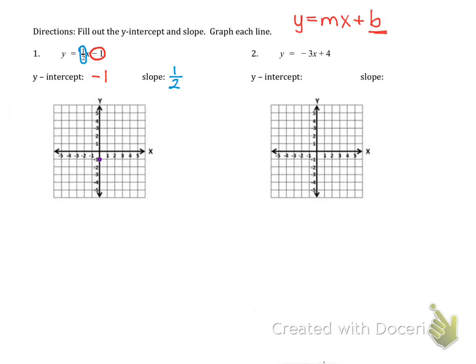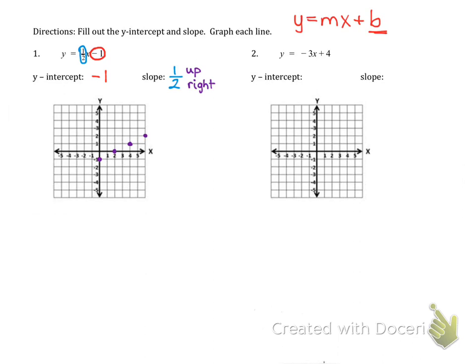That's where one of my points is. And then my slope is 1/2. That means go up 1 and to the right 2. So from this point, 0, -1, I'm going to go up 1 to the right 2, plot a point. Up 1 to the right 2, plot a point. Up 1 to the right 2, plot a point.